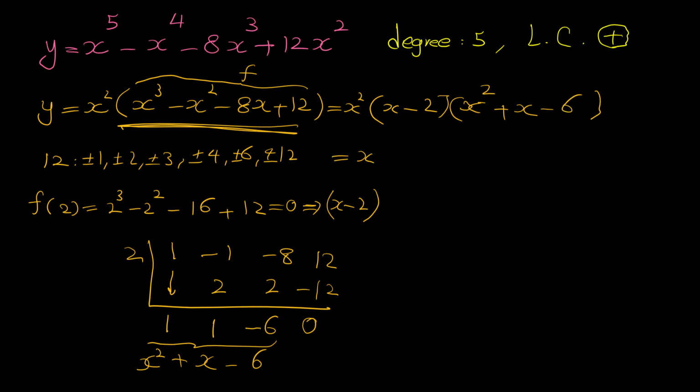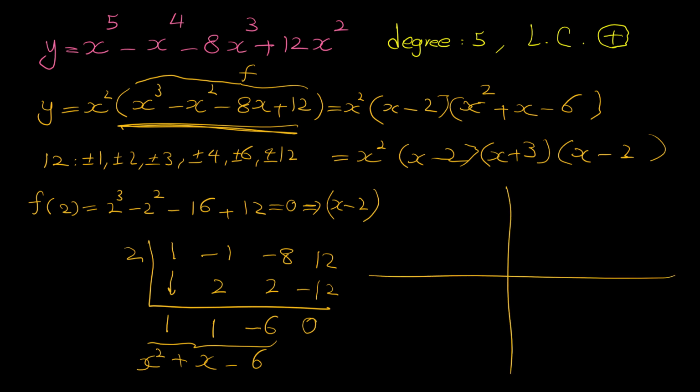And this can be written again as x^2 times x minus 2. Can you factor x^2 plus x minus 6? We look for two numbers whose product is negative 6 and sum is 1. Those factors are x plus 3, x minus 2. 3 times negative 2 is negative 6, 3 minus 2 is 1. Now that we have the factored form, we can graph our function.